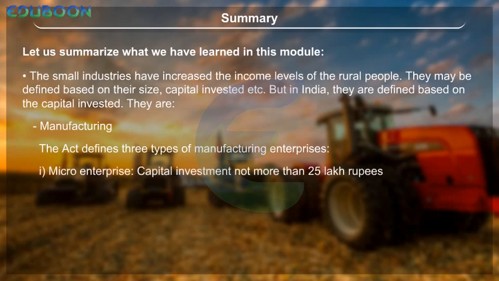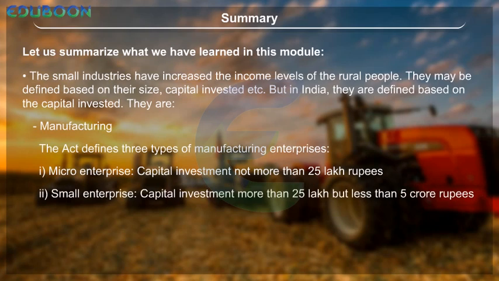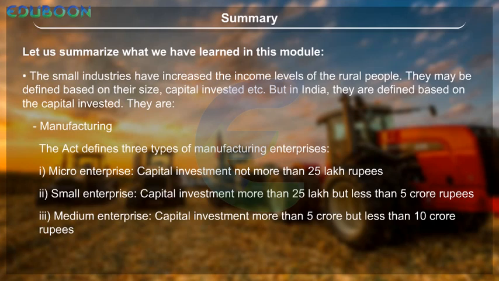1. Micro-enterprise. Capital investment not more than 25 lakh rupees. 2. Small enterprise. Capital investment more than 25 lakh but less than 5 crore rupees. 3. Medium enterprise. Capital investment more than 5 crore but less than 10 crore rupees.